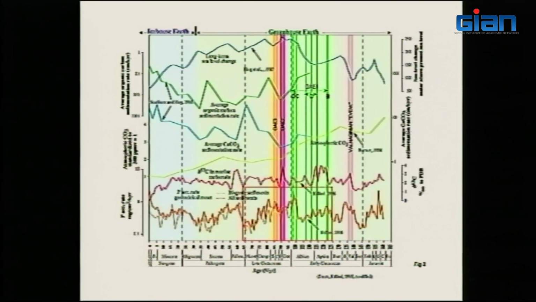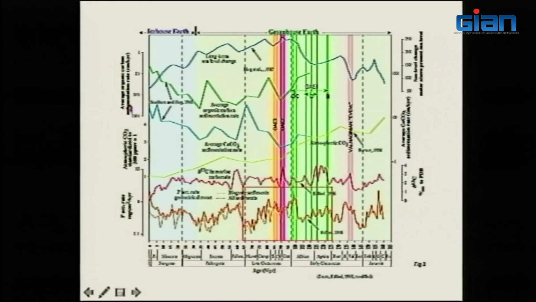Okay, so here I just show you this diagram. It is quite busy, but this picture is quite important. It was published by Carl Fulmy some years ago. What he did was to measure different curves, as you can see.